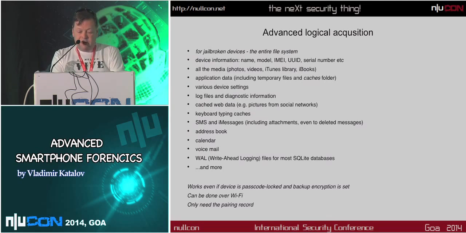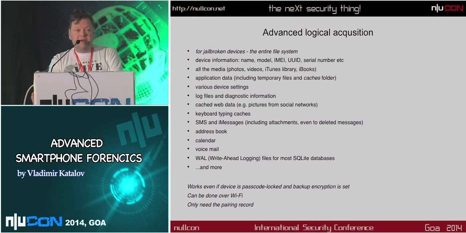So for jailbroken devices, you can get almost all the contents of the file system. For non-jailbroken ones, it is a little bit less, but still a lot of interesting data which is not available in a plain backup. And it works even if the device is passcode locked, and you only need the pair record, which you can get from the computer and use on any other computer.